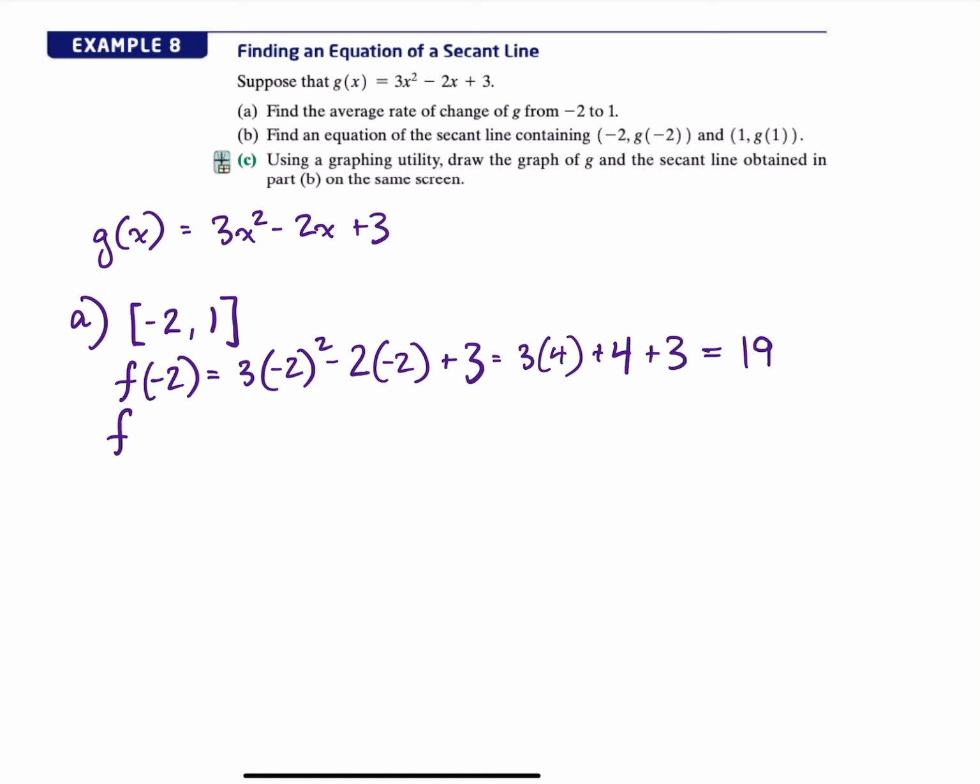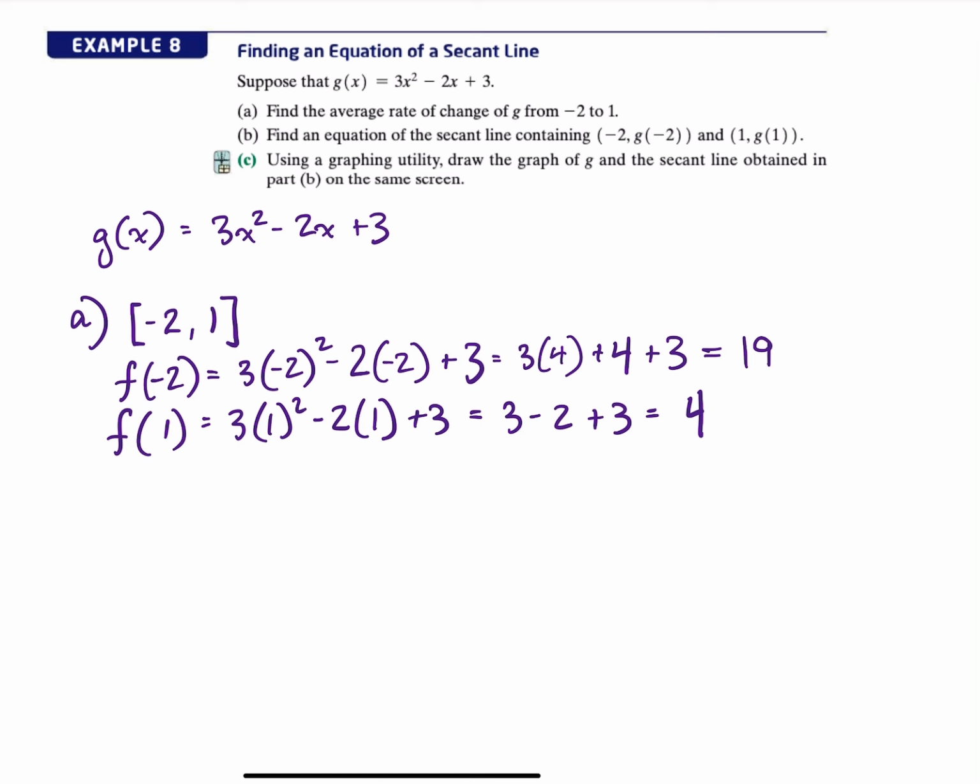And then let's find g of 1. So 3 times 1 squared minus 2 times 1 plus 3. So that will be 3 minus 2 plus 3. Looks like positive 4.